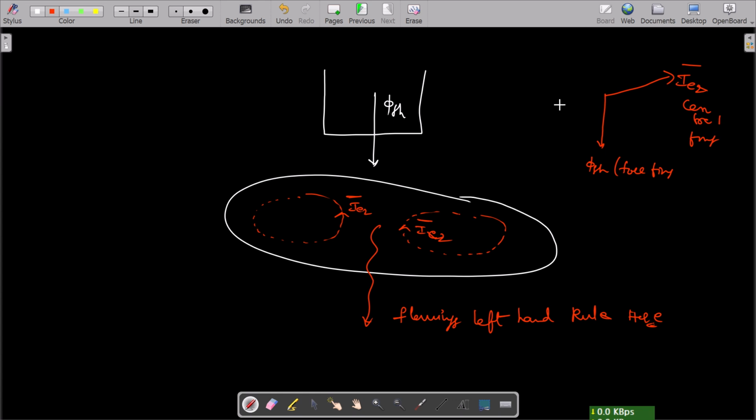And we are going to get the thumb direction like this. It is the deflecting torque TD1 direction, or the force direction. That means here we are going to get that force as TD1. That means the disk is going to rotate in this way with the force of TD1.